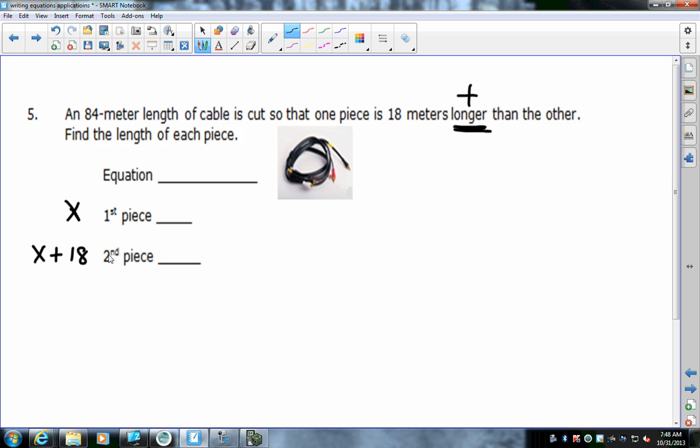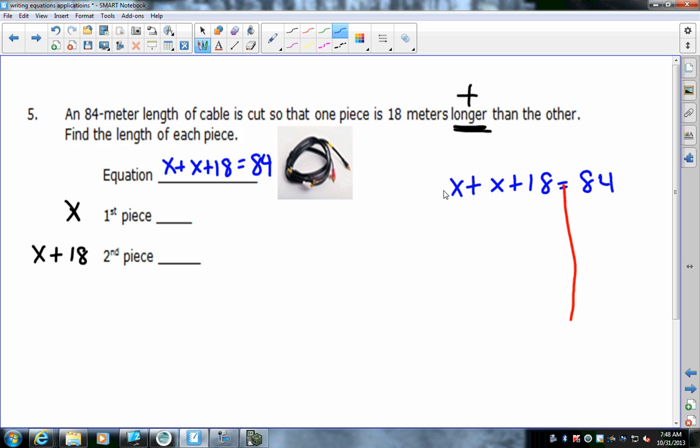Now it says when I add these two pieces together, I get 84. So my equation becomes x plus x plus 18 equals 84. So let me write that over here. x plus x, 2x plus 18 is 84.